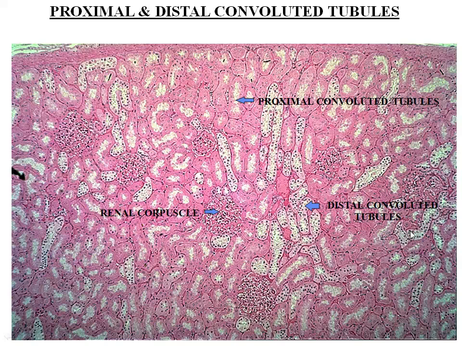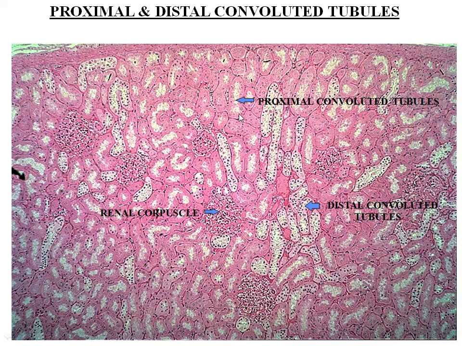Now see what kind of cell we see. Internally, all these tubules are lined with a basic epithelial cell based on a basal lamella. At the base, on the surrounding here, there is a basal lamella, a basement membrane, over which this epithelial cell layer is situated.